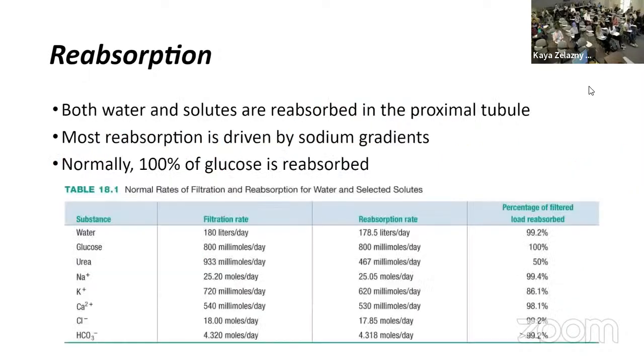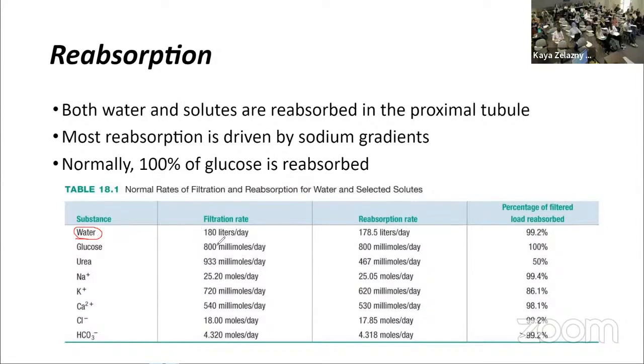This is a list of the normal rates of filtration and reabsorption for water and also a bunch of solutes. Starting with water, as I've said a couple times, 180 liters per day are filtered into the nephron, into the kidney, for this whole readjustment process.